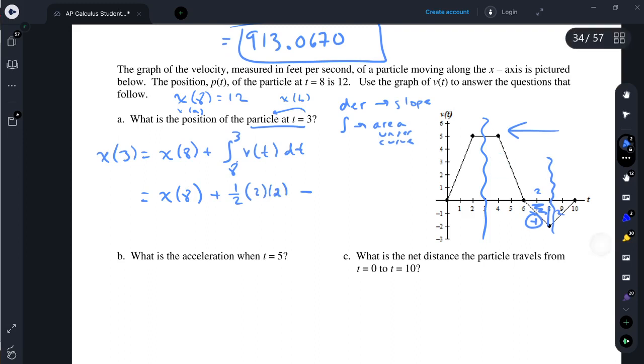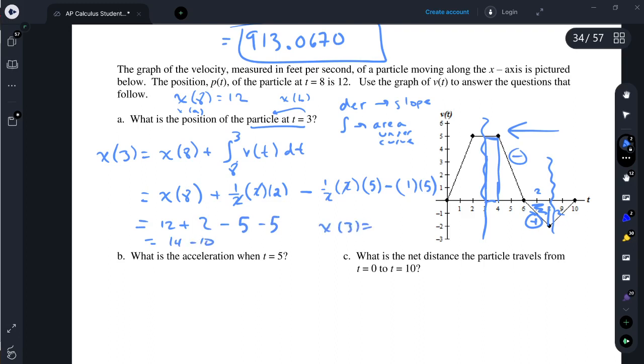I'm going to split this one into 2 shapes, a triangle and a rectangle. So for the triangle, it's going to be minus 1/2 times the width is 2, the height is 5, and then again minus, for the rectangle, the width is 1, and the height is 5. So this is going to be 12 plus 2 minus 5 minus 5. That gives us 14 minus 10, which means that x of 3 is 4.